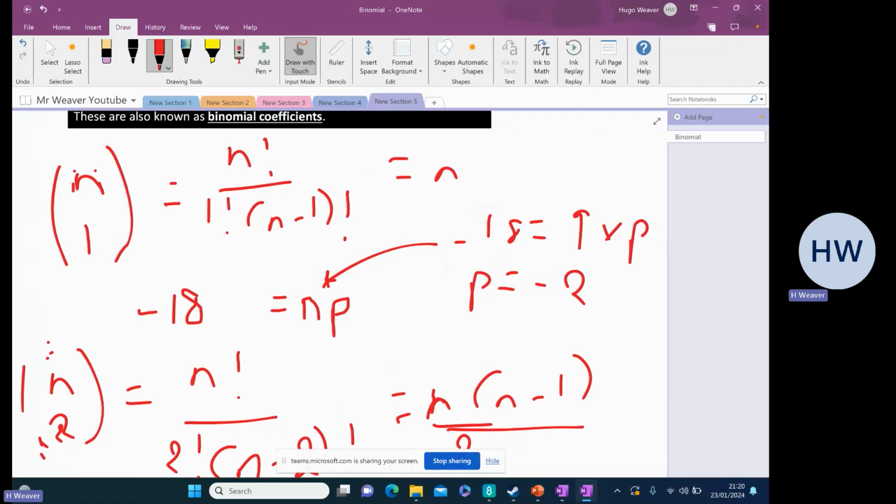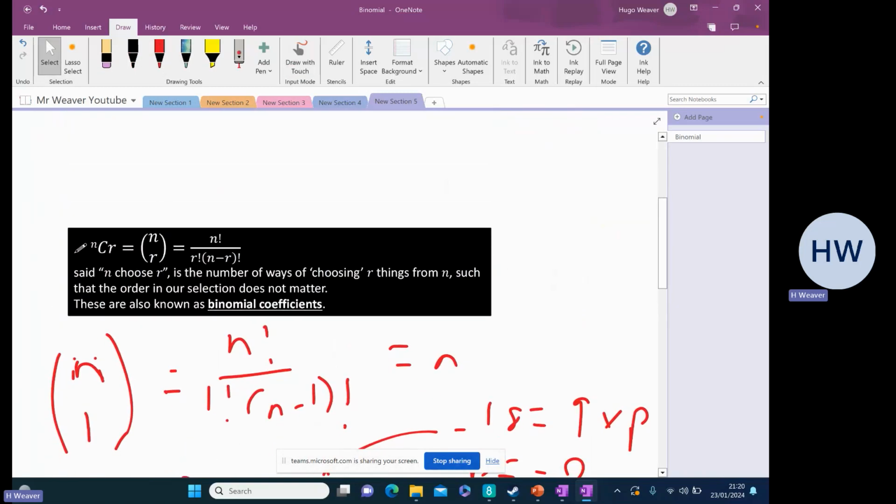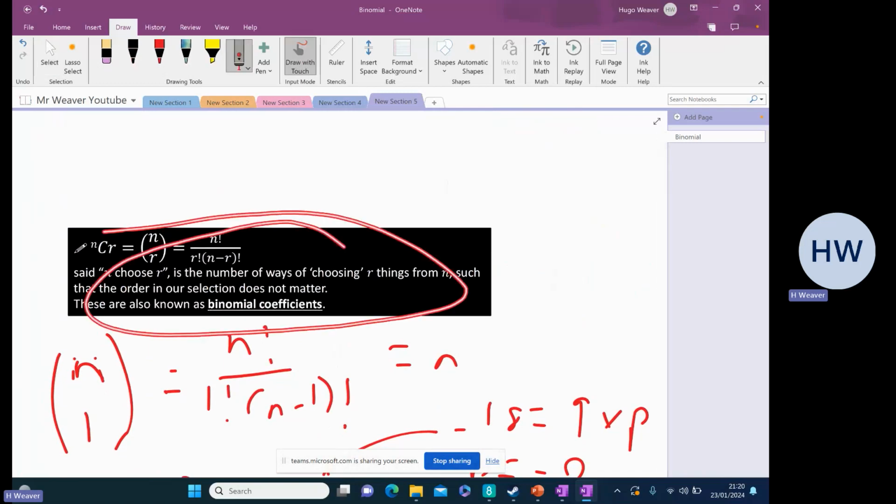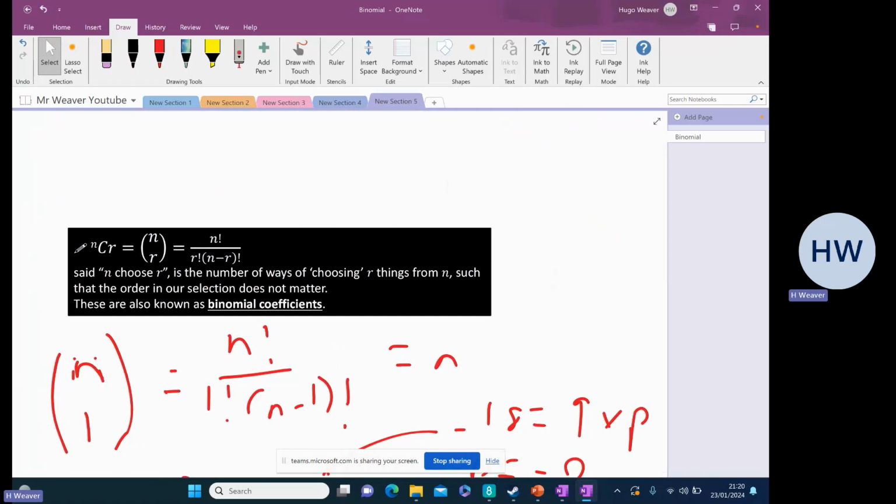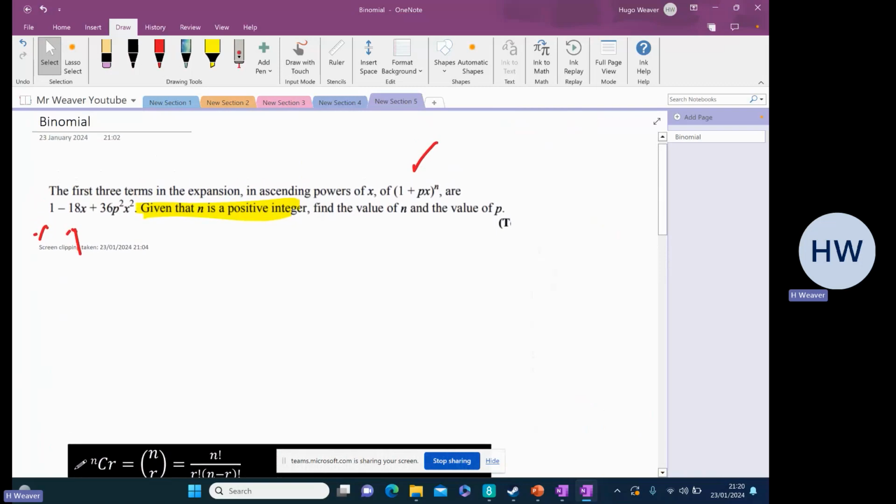Really, really tough question, that one, actually. And essentially what you need, and I believe it's in the formula booklet, is this formula. If you don't have that, then it's going to be very, very tricky because you're essentially needing to work out the coefficients, how much you'll need to multiply them by. And that's essentially using Pascal's triangle.